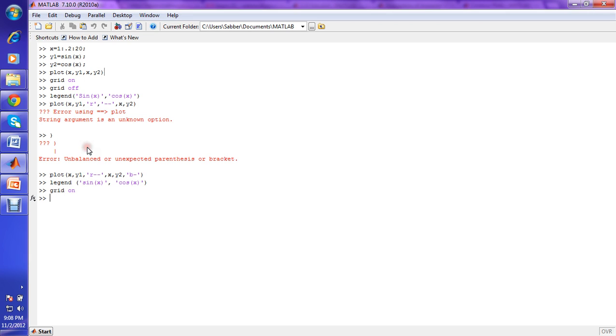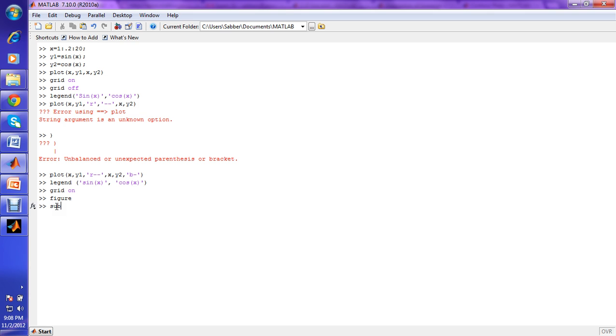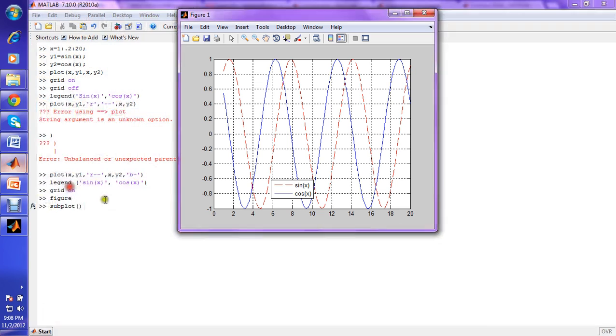For example, we want those two functions to be represented by two different graphs but in the same figure. So we have a figure. In this figure we want one function represented in this plot and another function represented in another plot, so we have to use subplot.